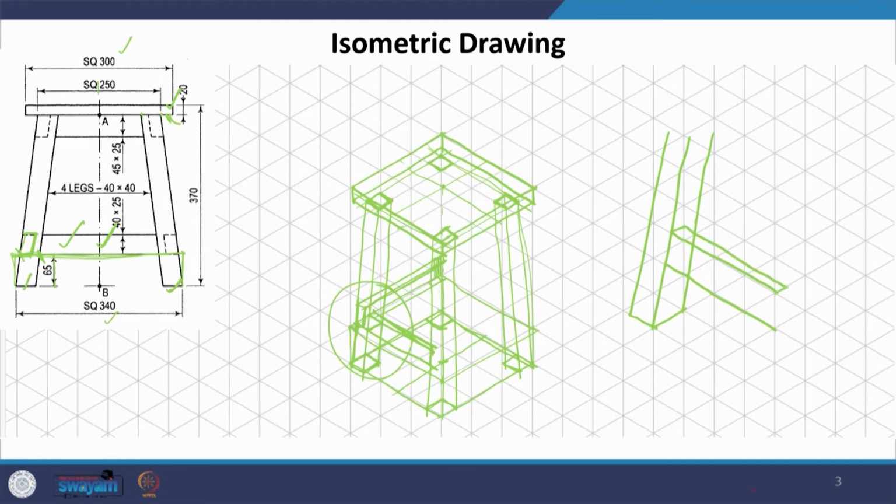Okay. This is what we see. This was what we were seeing as the leg here. And you can actually see that it extends slightly.